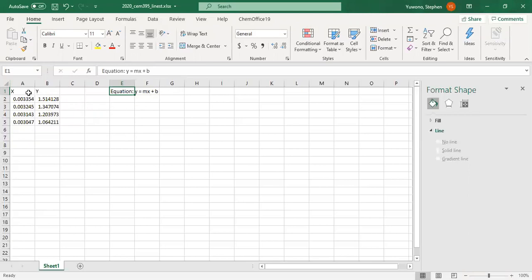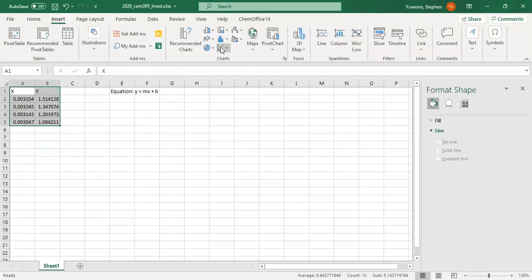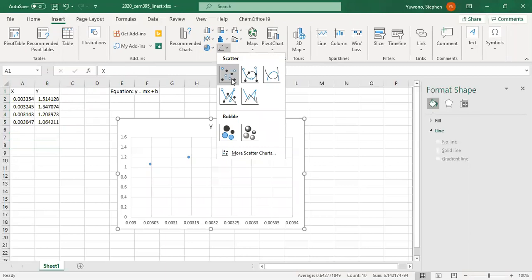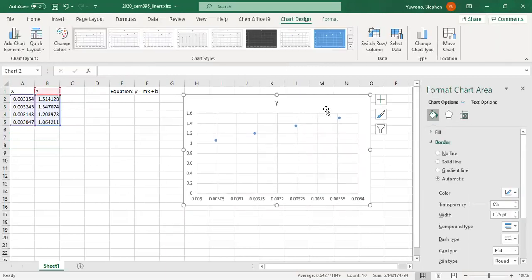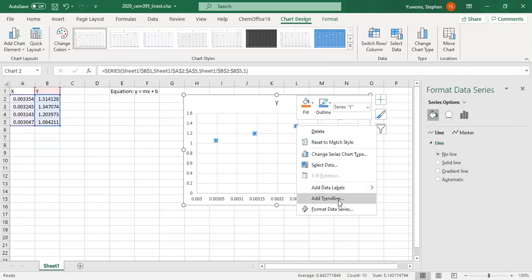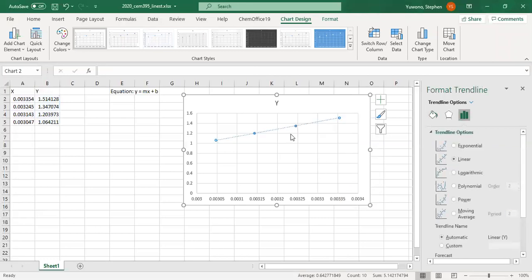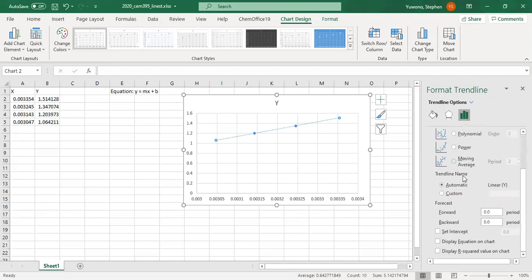Of course, one way you can do it is by making a plot. Of course, scatter plot is the best for this kind of thing. And then you can right click and say add trend line. And of course, you can select what kind of trend line, and we want to use linear in this case.